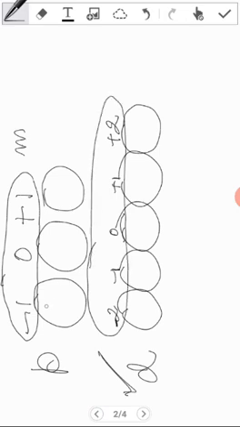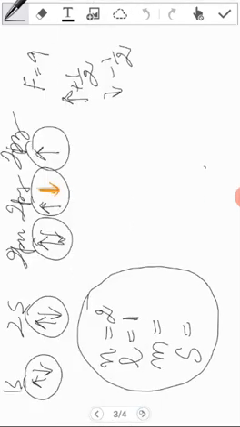If it is coming in this orbital, the value of m will be minus 1. If here, then 0. If here, then plus 1. If here, then plus 2 and so on. This orange electron is in the middle, so the value of m is 0, and it is pointing down. Down means anti-clockwise, so the value of s is minus half.